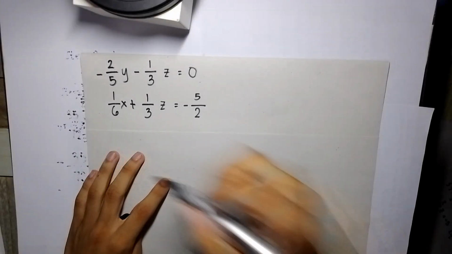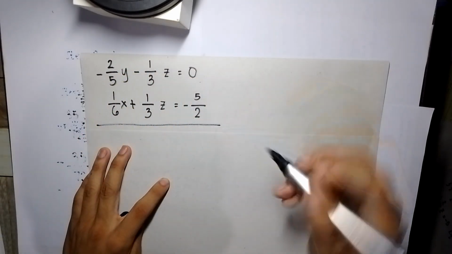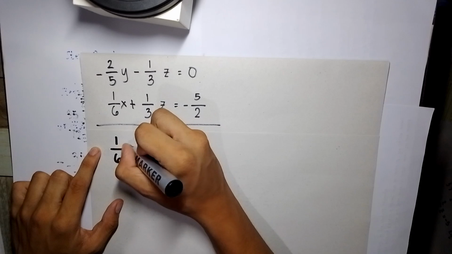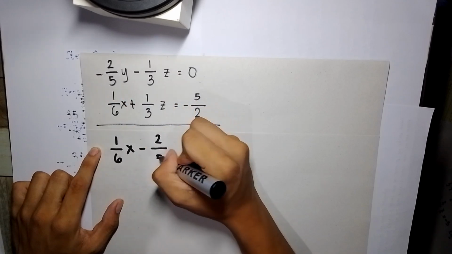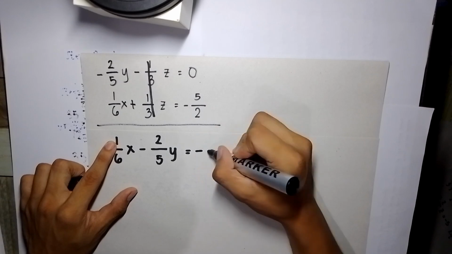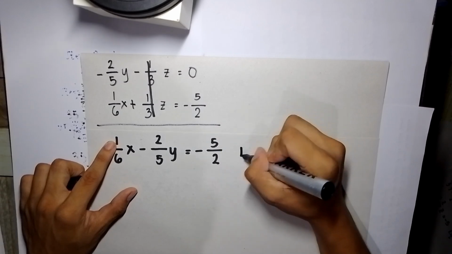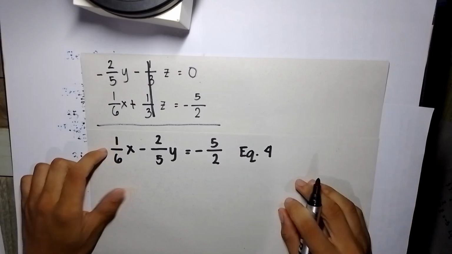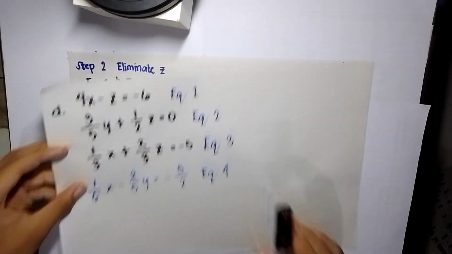As you can see, we can now eliminate the variable z. So 1 over 6x minus 2 over 5y is equal to 5 over 2, which will be our equation 4.